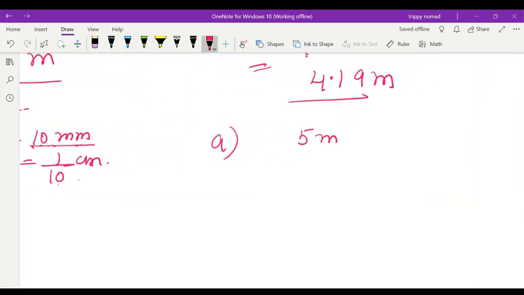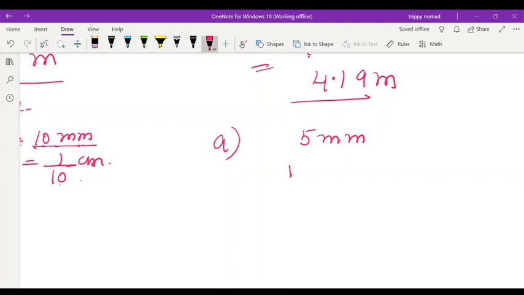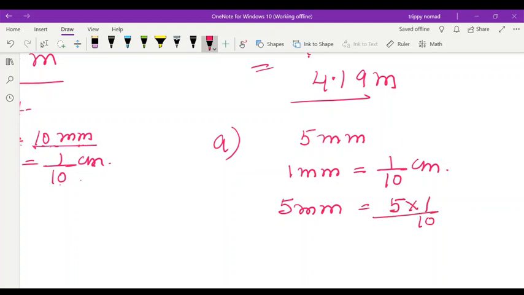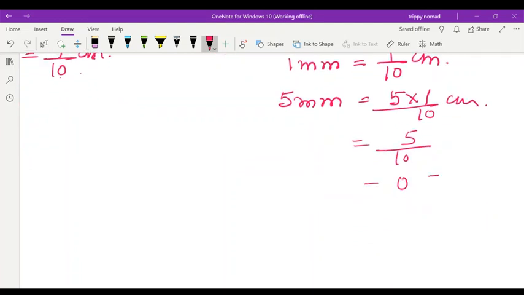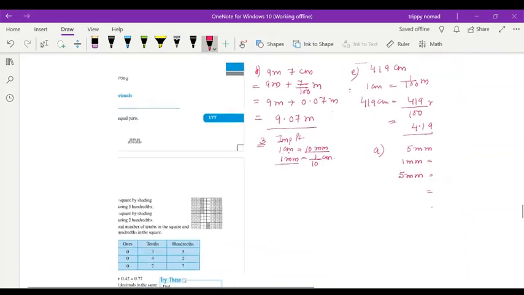First, 1 millimeter is equal to 1 upon 10 centimeter. Then 5 millimeter is equal to 5 into 1 upon 10 centimeter. So it will become 5 upon 10, that means 0.5 centimeter. I hope you understood, children, how to do. So now next one.